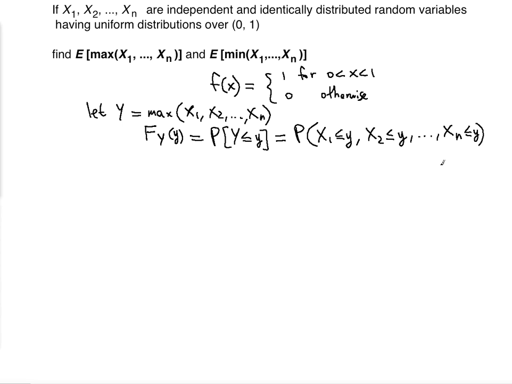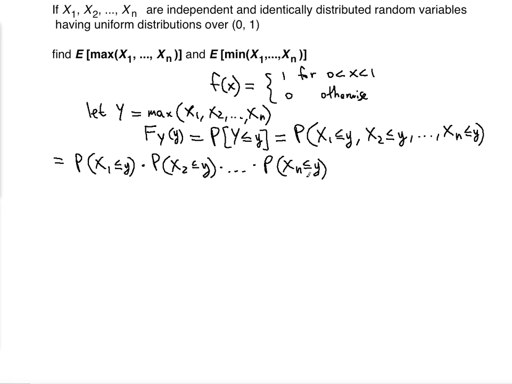Now we're going to use the fact that all of these random variables are independent, and when it comes to independence, these probabilities for individual random variables will be multiplied. So we're saying the probability of X1 less than or equal to y, times the probability of X2 less than or equal to y, times all the way to the last one, the probability of the last random variable being less than or equal to y.